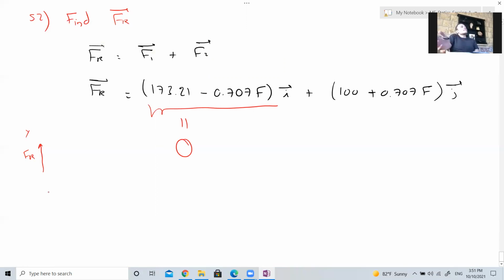It does not have any x component because it is directed in the y direction. Okay. I know it now.